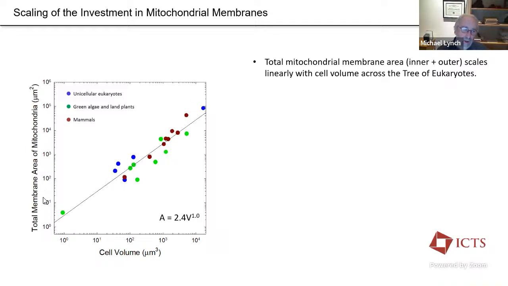And here's a plot of the total membrane area of mitochondria versus cell volume, different kinds of cell sizes. And what we can see here is the total mitochondrial membrane area scales linearly with cell volume across all eukaryotic species. So it's essentially isometric. You increase the volume of a cell and you increase proportionally the area of mitochondria.